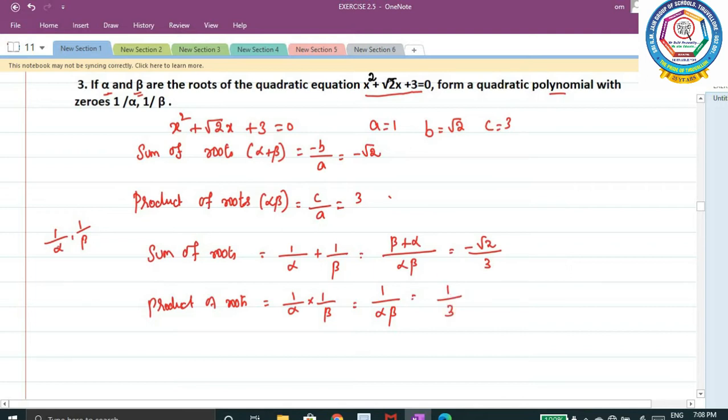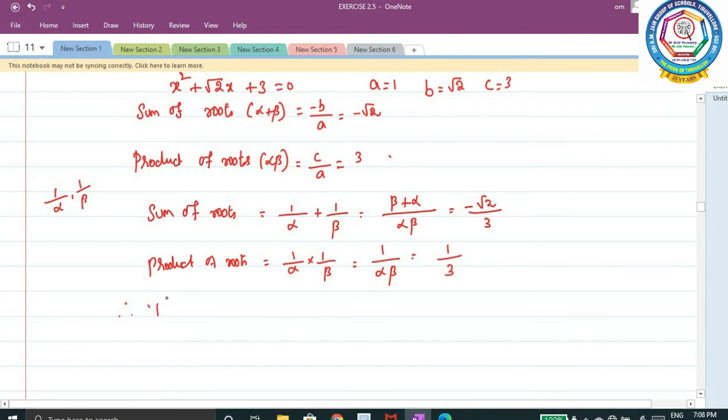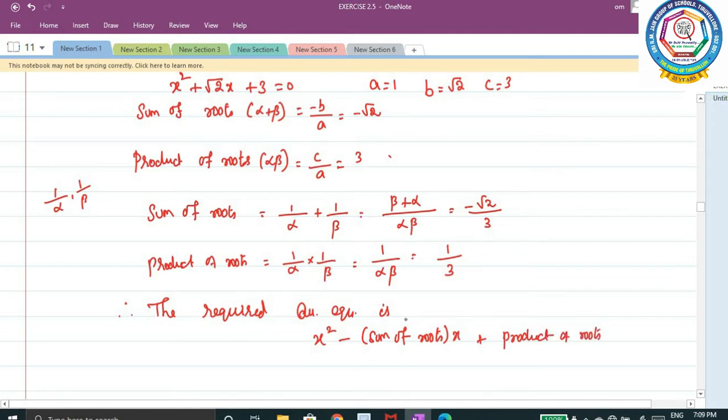Now what are the zeros given? 1 by alpha and 1 by beta. We got the sum of zeros and the product of zeros. Therefore the required quadratic equation is x square minus sum of roots into x plus product of roots.